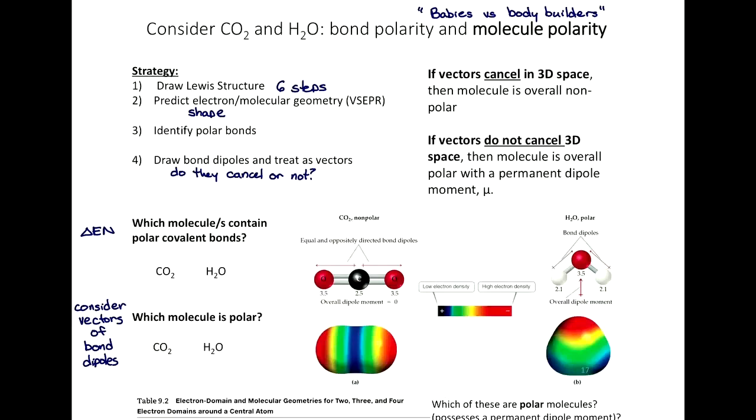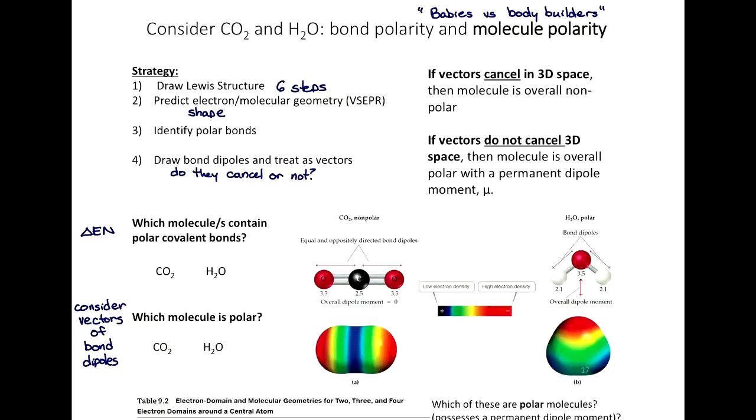Polar bonds create bond dipoles. Dipoles are vectors, and you can add them up in three-dimensional space. Depending on whether bond dipoles add up or cancel each other out, we get either polar molecules or nonpolar molecules.